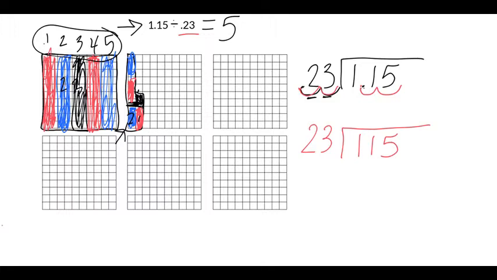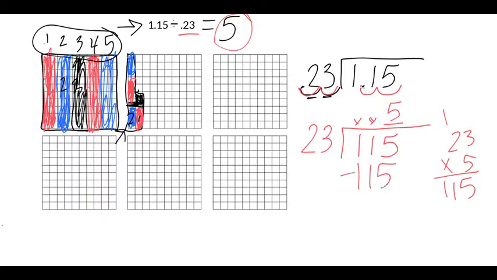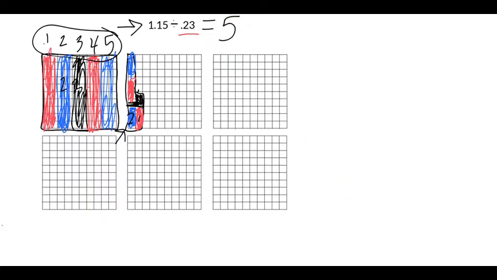All right, and now you just divide like normal. 23 does not go into 1 or into 11, but it does go into 115, and I'm guessing 5 times. If I do 23 times 5, I get 115. So I know my answer is 5, and that's using the standard algorithm.